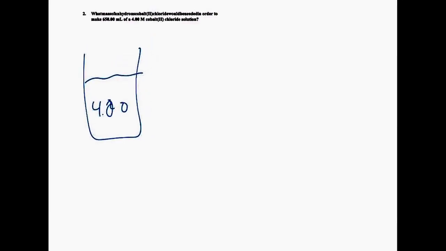Okay, and then problem number 5 asks us what mass of anhydrous cobalt 2 chloride would be needed in order to make 650 milliliters of 4 molar cobalt 2 chloride solution. Right, so I'm going to just draw a picture here. They want us to have 4.00 moles in 1 liter of solution, and they don't want to make a whole liter.